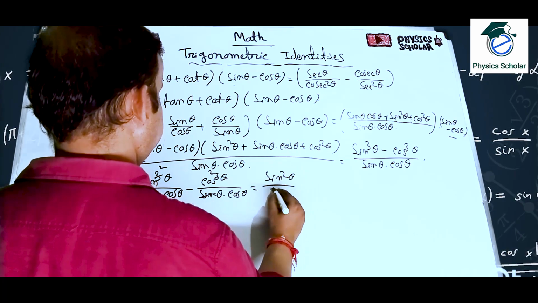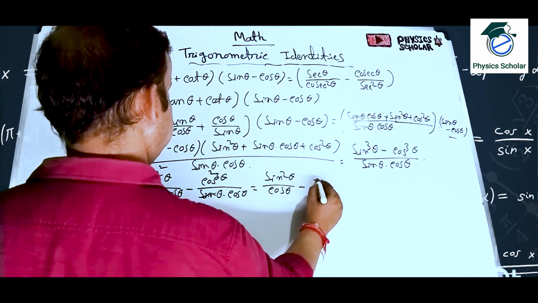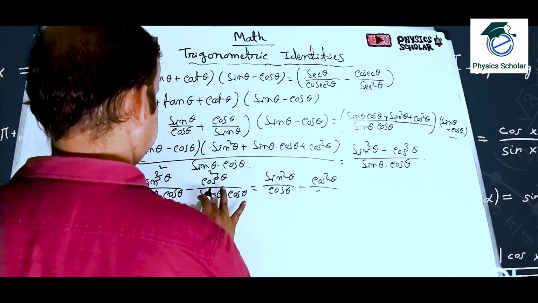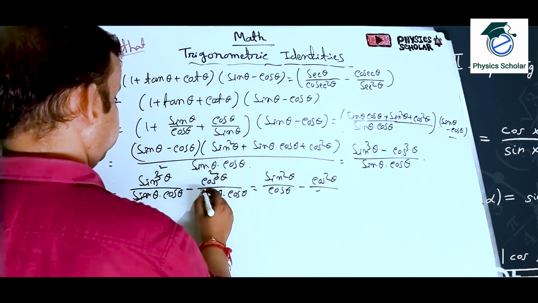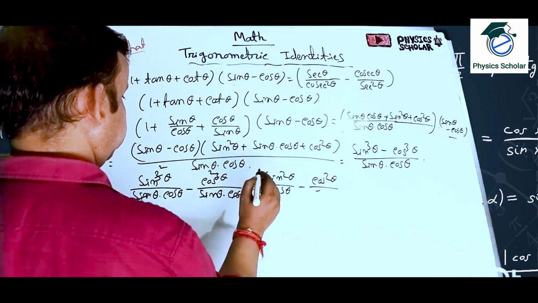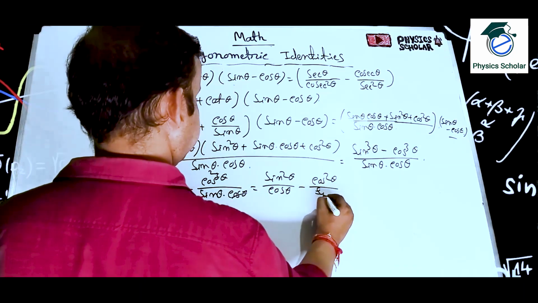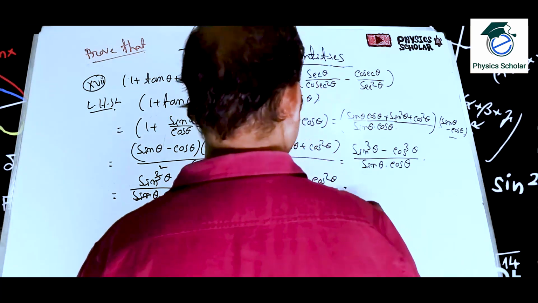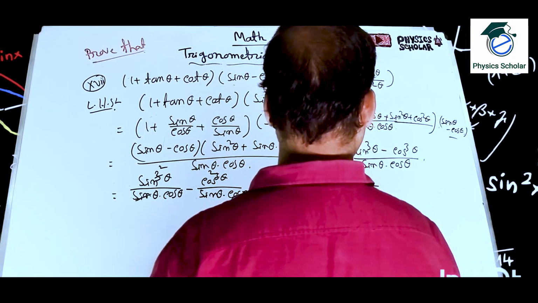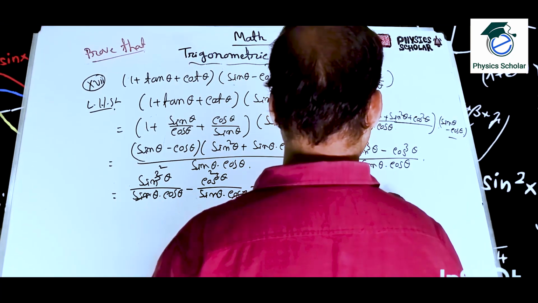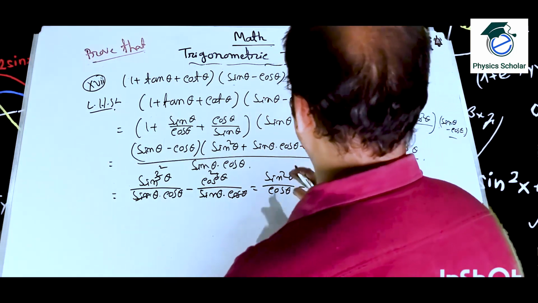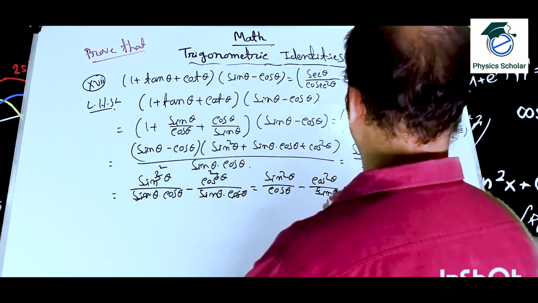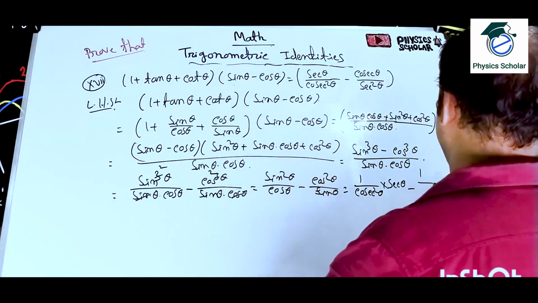Sin square theta by cos theta minus cos square theta by sin theta. So sin means what? Reciprocal of cosec. So it will be 1 by cosec square theta, and cos means what? Sec into sec theta minus cosec, cos means what? 1 by sec square theta.